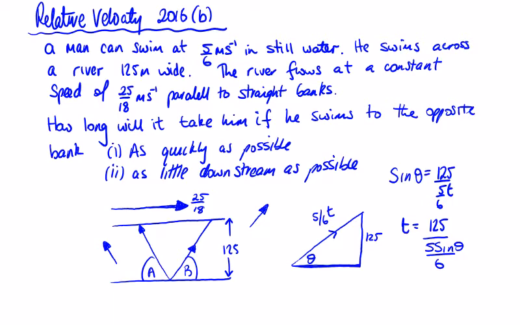And again, if sine theta is equal to 1, this will produce a max. So if sine theta is equal to 1, the max time will be 125 divided by 5/6. So that's 6/125 divided by 5. So that's 6/25, which is 150 seconds. Obviously, if sine is a half, it's going to increase that time.